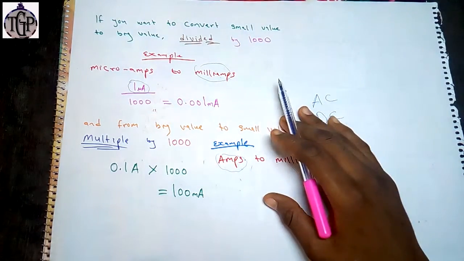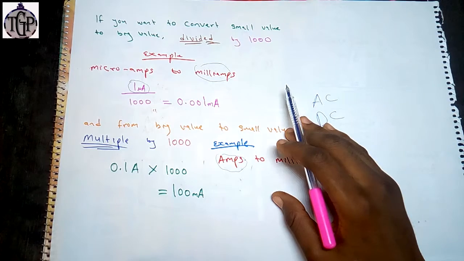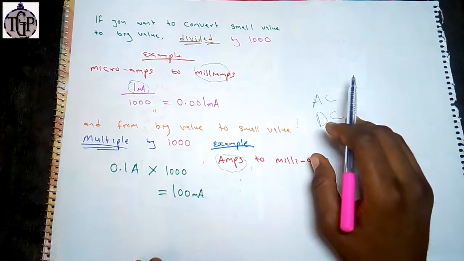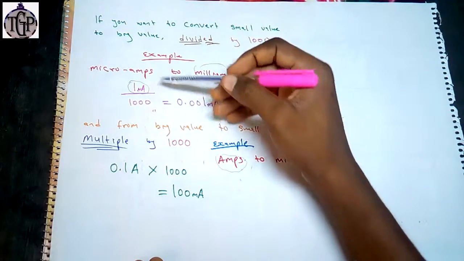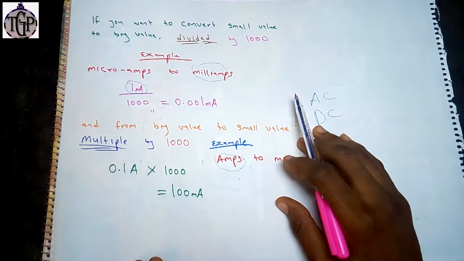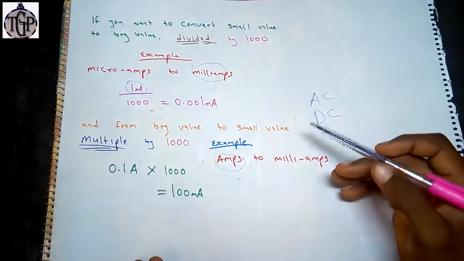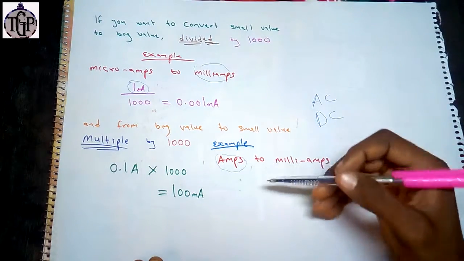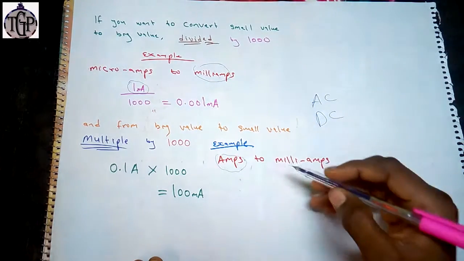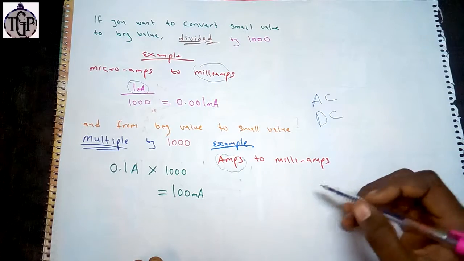This is the fundamental basics for beginners that do not know anything about electronics. That's why I'm starting with current. You need to know the basics of electronics before you can design. You need to know how current works, how voltage works, resistance. And our next topic is going to be voltage.